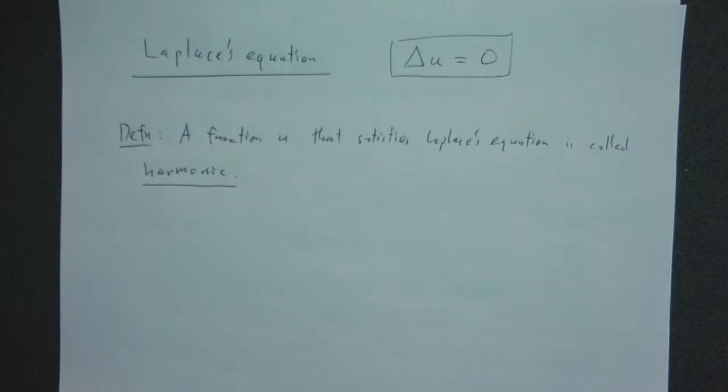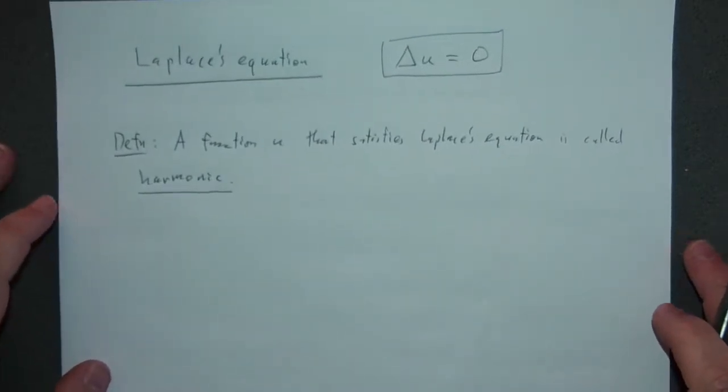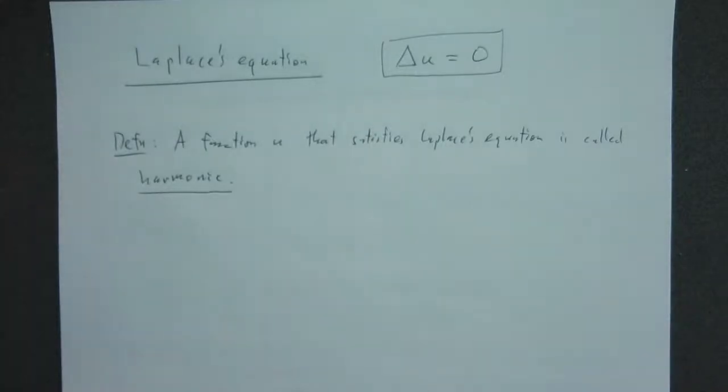Okay. So what did we do yesterday? At the end of lecture, I talked about Laplace's equation, which I've mentioned several times before. So the Laplacian of u is equal to 0. And my definition is that a function u satisfies Laplace's equation on some domain is called harmonic. It's said to be a harmonic function on the domain in question.